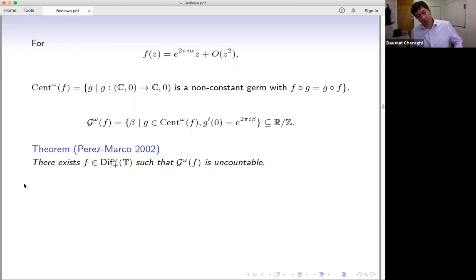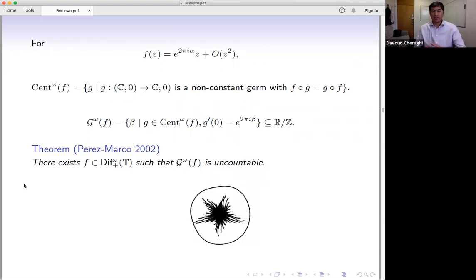And the way Perez-Marco thinks about this problem is that there's this notion of hedgehogs that I won't go too much into detail about. Whenever you have a map of this form, there is a compact connected fully invariant set, say K, that contains 0.